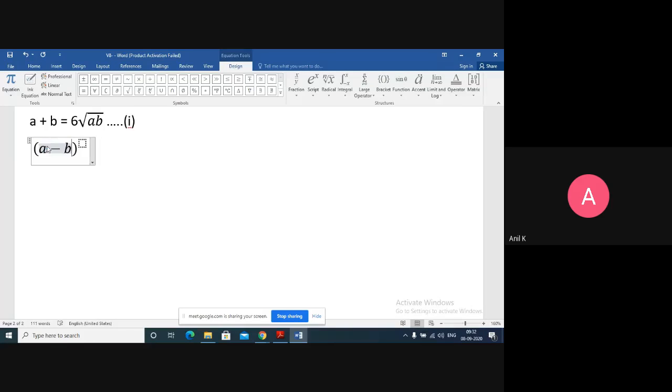A minus B whole square equals, anyone remember this formula? We used it in the last class. A plus B whole square minus 4 times AB.